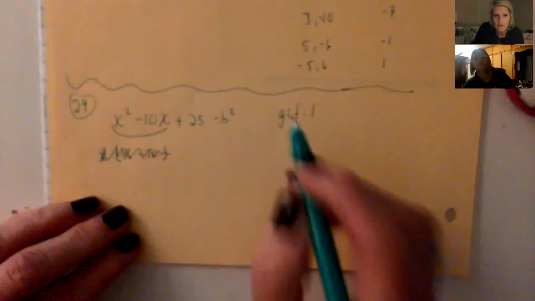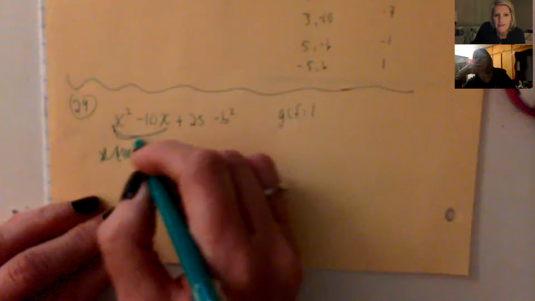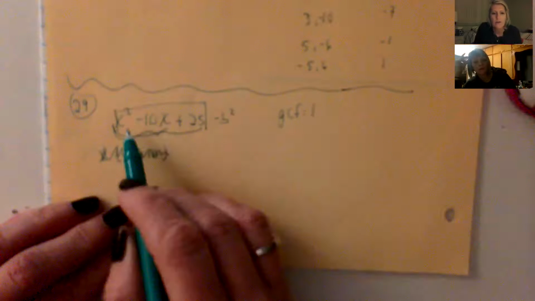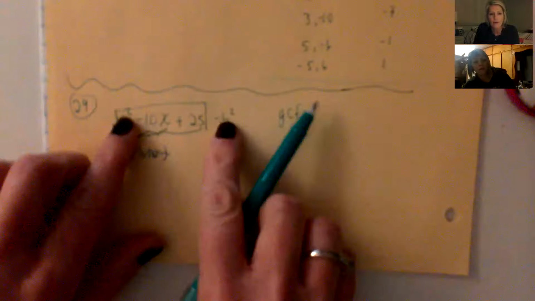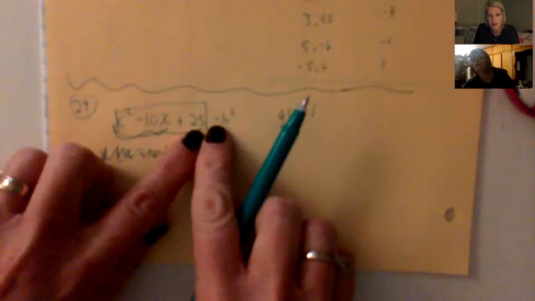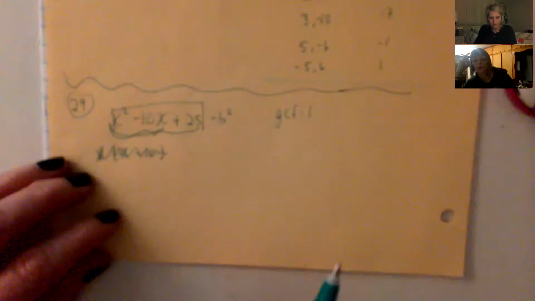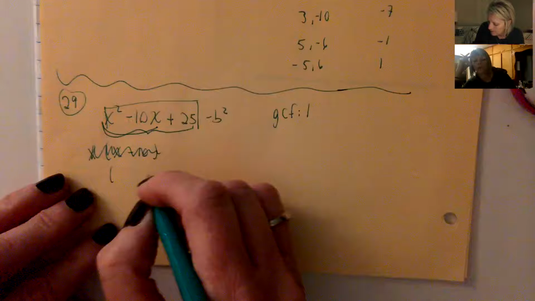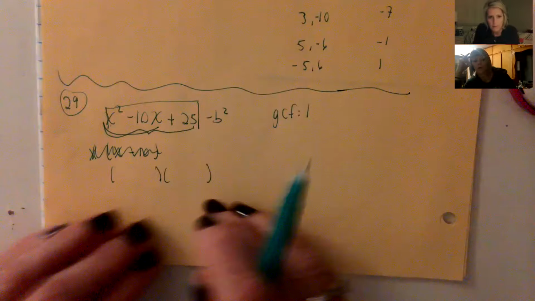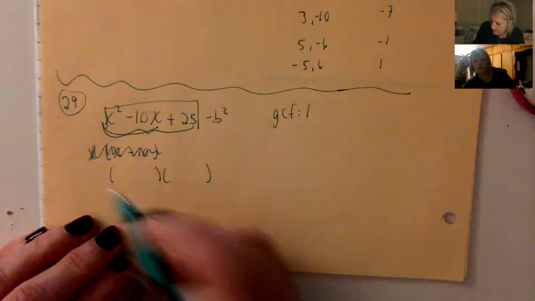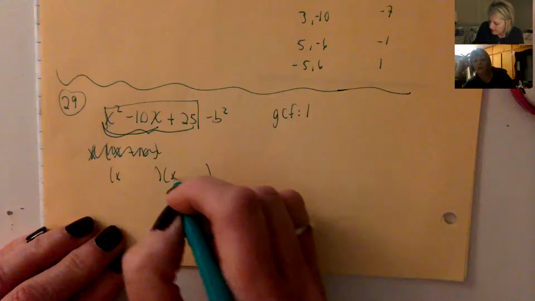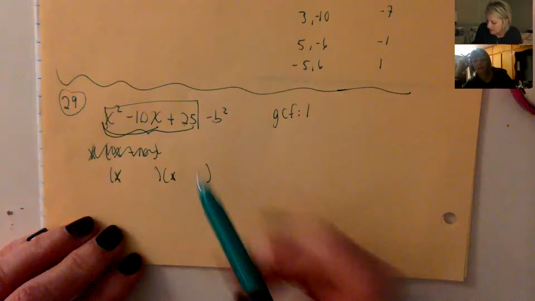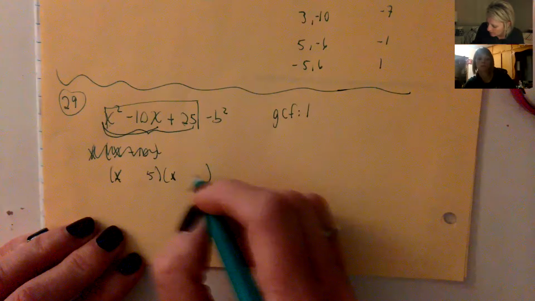But for just a moment, we can see that this part of my polynomial factors as a trinomial, x squared minus 10x plus 25. I can factor that into two binomials off to the side for a minute, as an x and an x. And I can see that 5 times 5 makes 25. Those are my factors of 25.